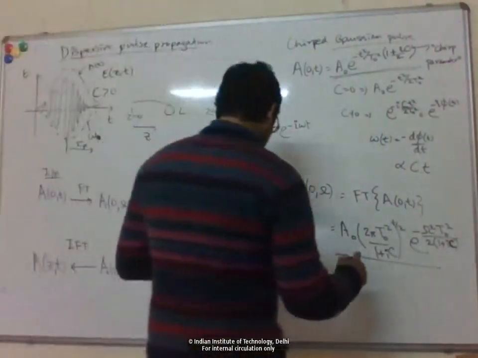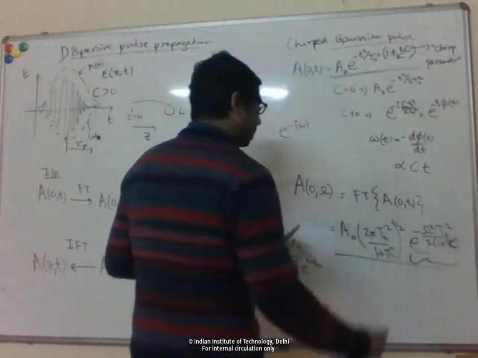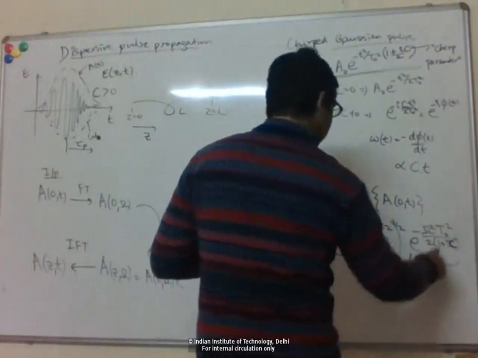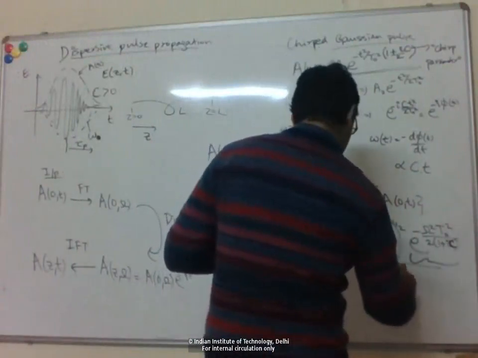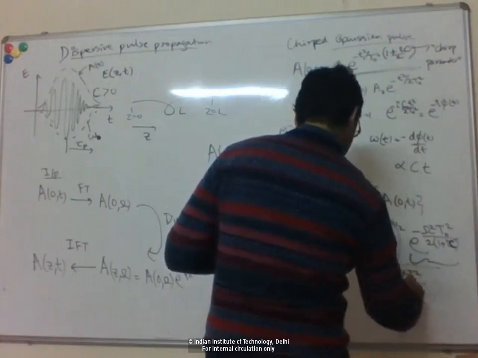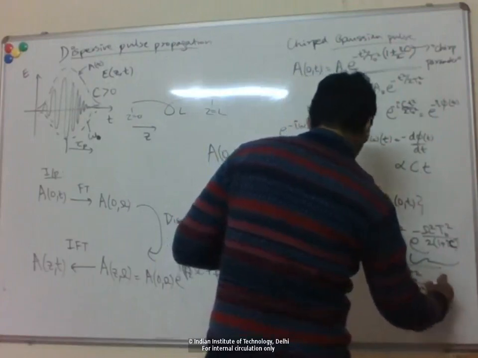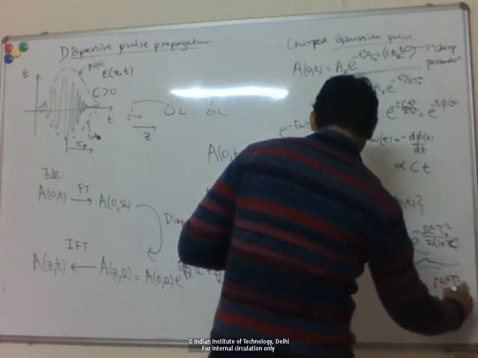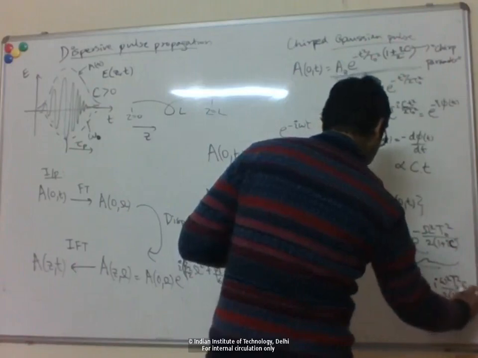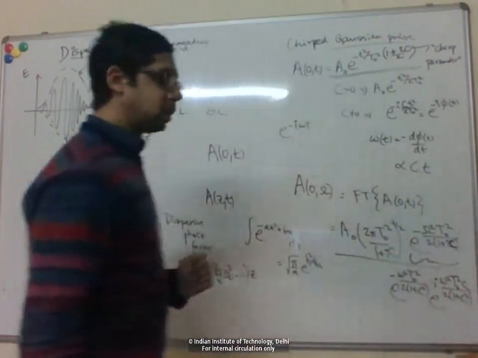Okay. So this complex part, this exponential part here, is a complex number. I can write it as a real part and an imaginary part. So there's a real part and an imaginary part, right?